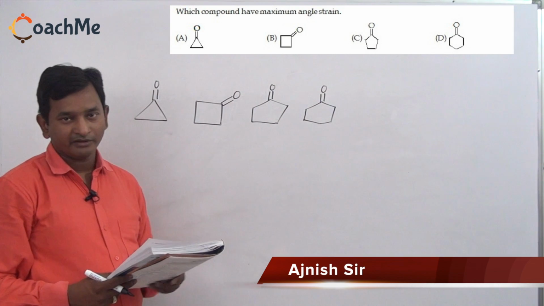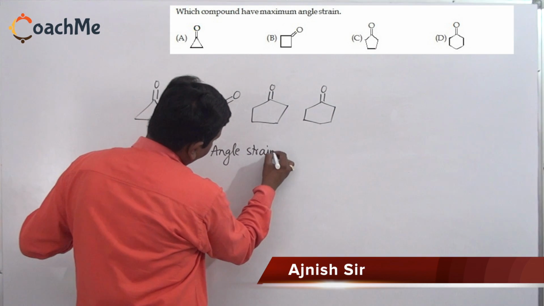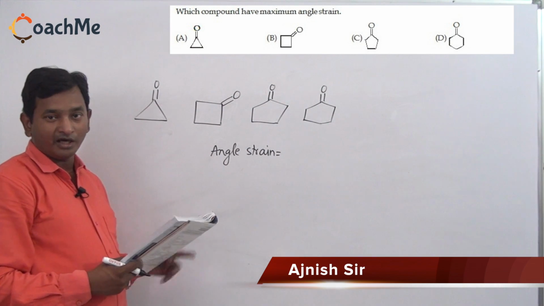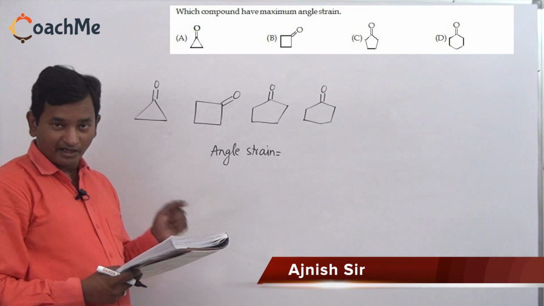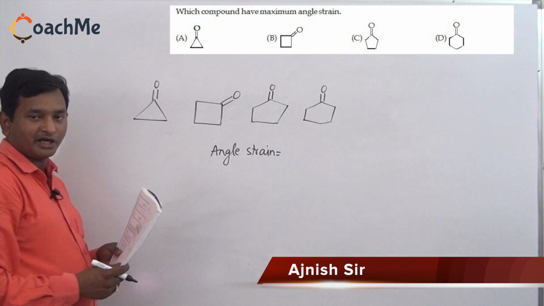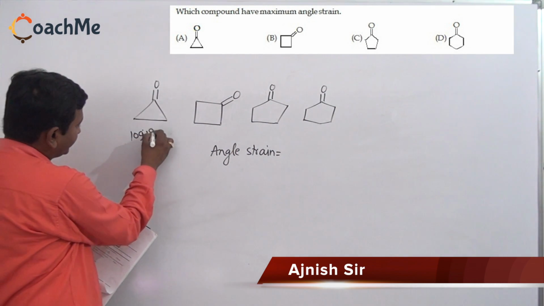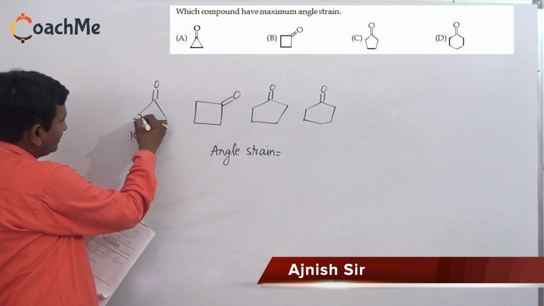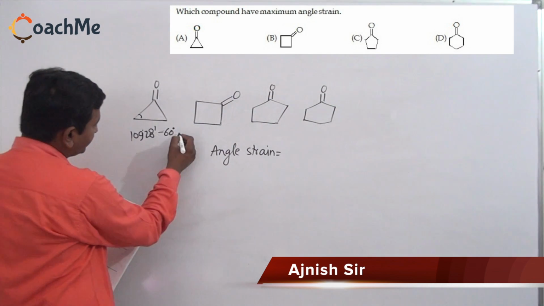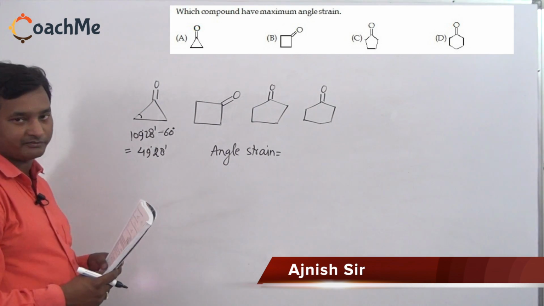What is angle strain? Angle strain is the strain produced by the desired angle minus the real angle. So if carbon is sp3 hybridized, the desired angle will be 109 degree 28 minute, but in reality it is 60 degree. So the difference of these two, that is 49 degree 28 minute, is the angle strain.